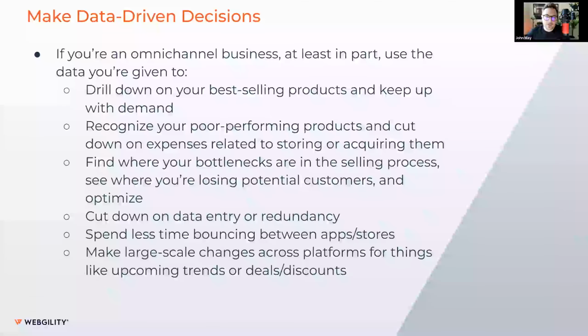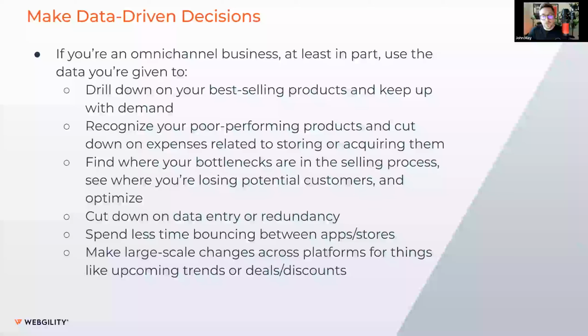So when we're talking about using data and being omni-channel and what that means for your business, you want to use the data that you're given to make decisions and further grow and scale your business. A couple ways that you can do this is using the data to drill down on your best-selling products. An example of this, Webgility has an analytics app that we offer with a Webgility subscription, and since you have your accounting connected with Webgility, you can see what it costs to acquire or procure your product.